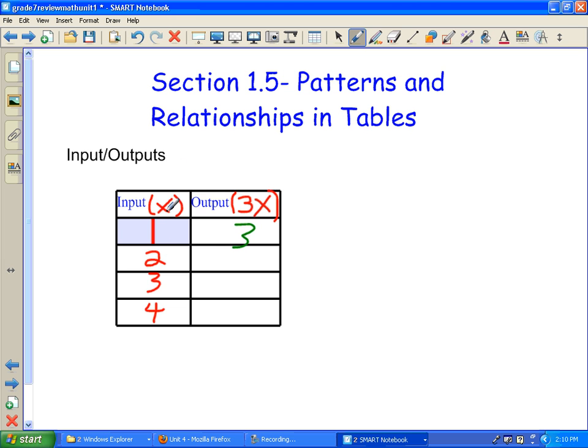When we put 2 in for x, 3 times 2 is 6. Put 3 in for x, and it's 3 times 3 is 9. And if you put 4 in for x, 4 times 3 is 12. And again, you can see the pattern. It's going up by 3 every time.